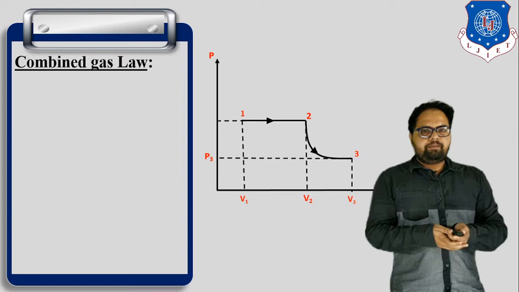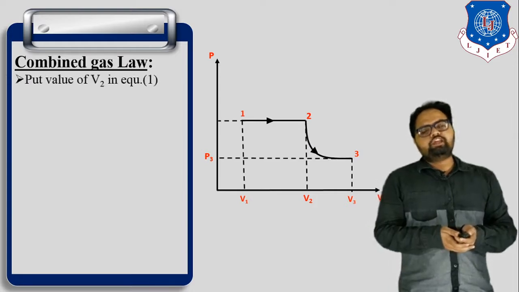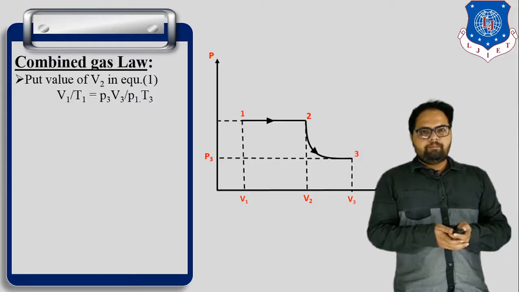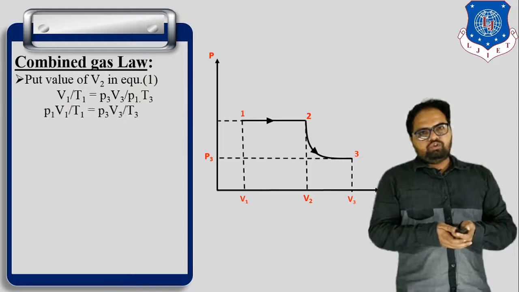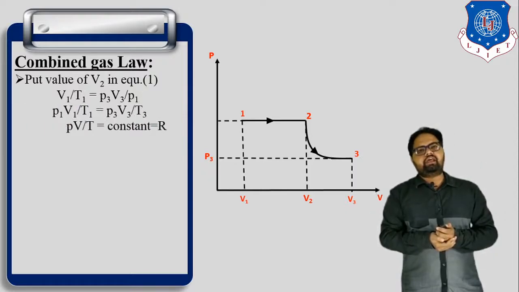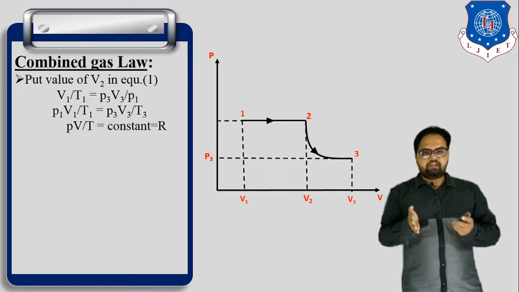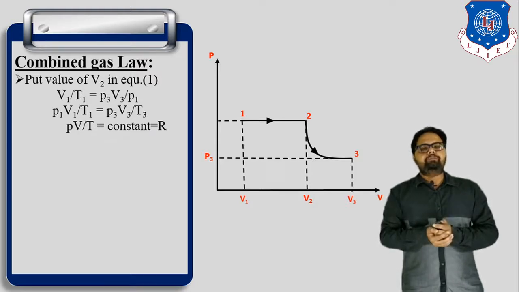Okay. Now by putting the value of V2 in equation number 1, we get V1 by T1 is equal to P3V3 divided by P1 into T3. So we can rewrite this equation as PV by T is equal to constant. And here the value of the constant depends upon the magnitude of the gas, and that value will be R, capital R, and the capital R indicates the characteristic gas constant.